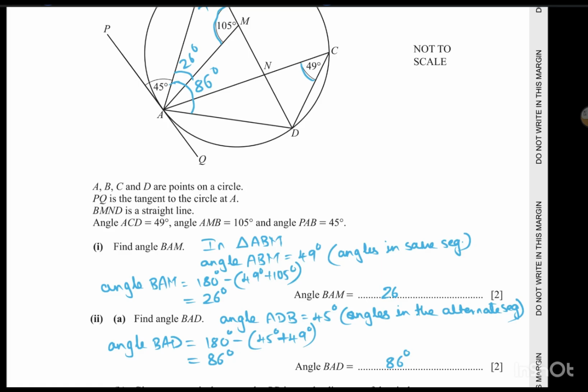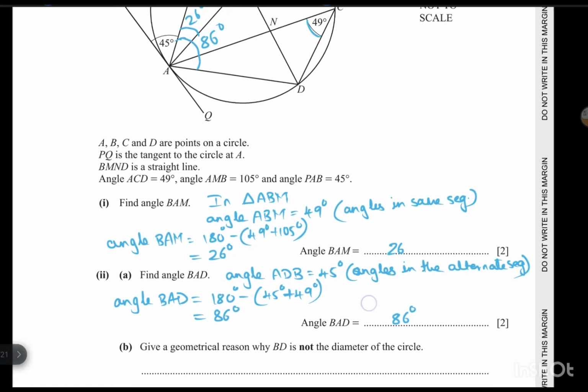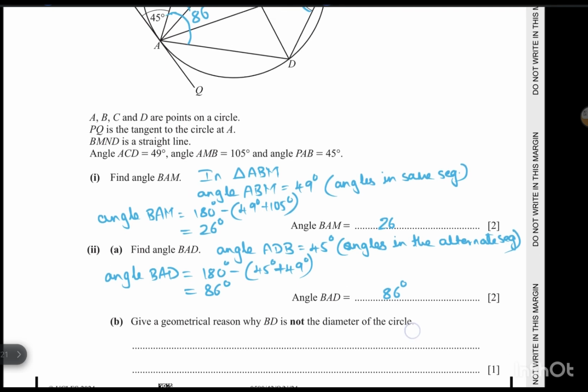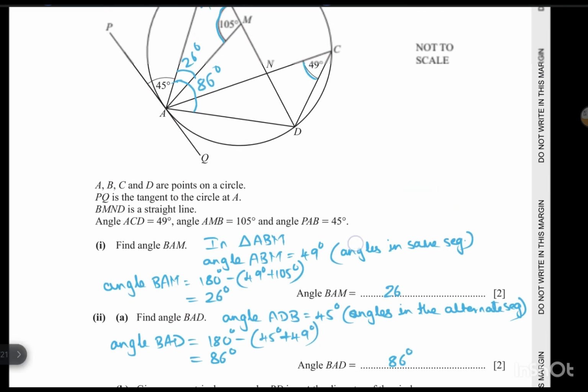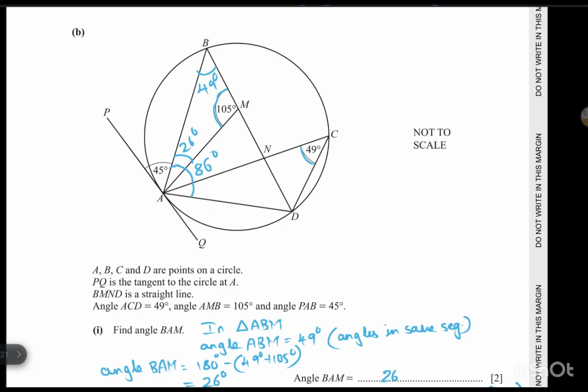Now question number 1 is done, 2 is done, in the remaining part, let us do the last part here. Give a geometrical reason why BD is not the diameter of the circle. Hypothetically, if we take this as the diameter, then this angle will be the angle in a semicircle.